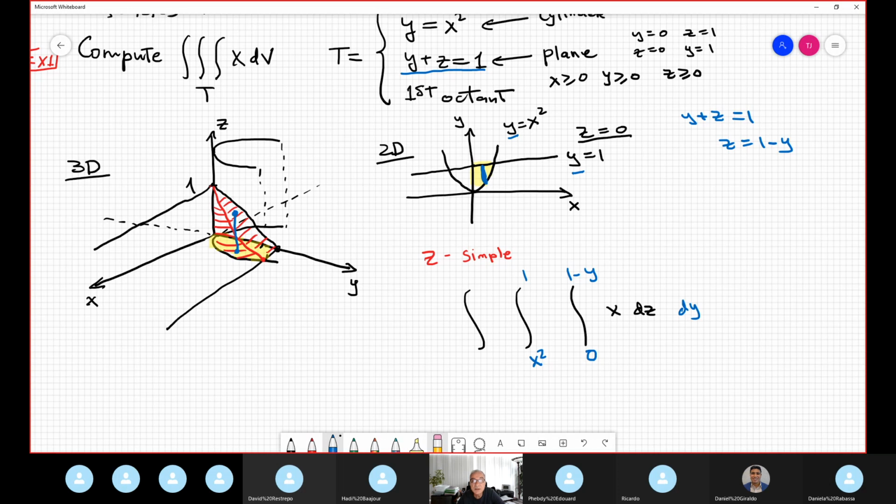And finally, we extend in both directions, bam, this dx from 0 to 1. Okay. This is the setup for the double integral. Consider the condition this is simple. Everyone understand the limit? How you find the limit?